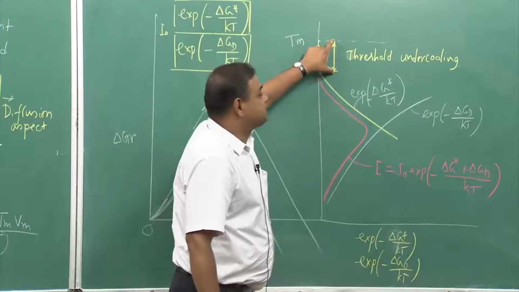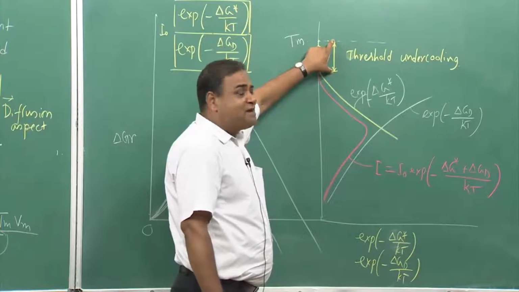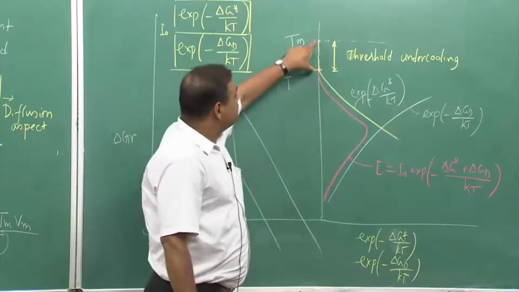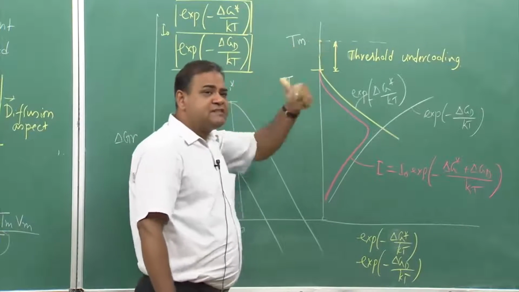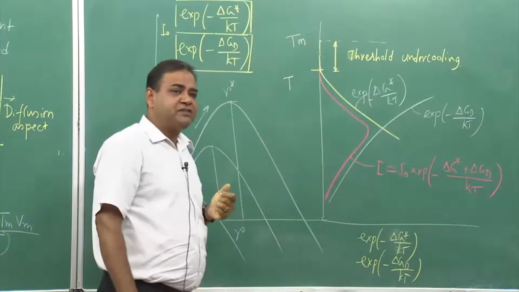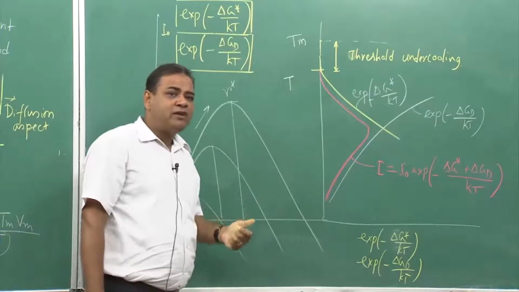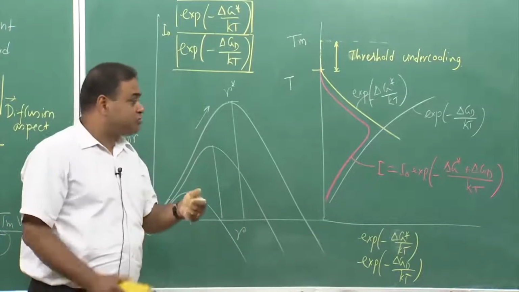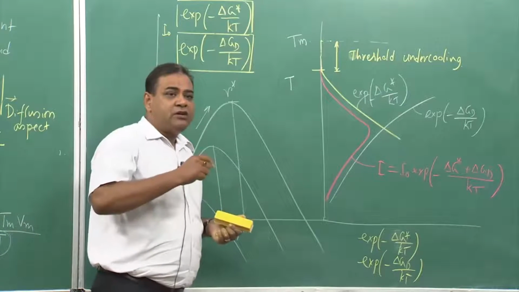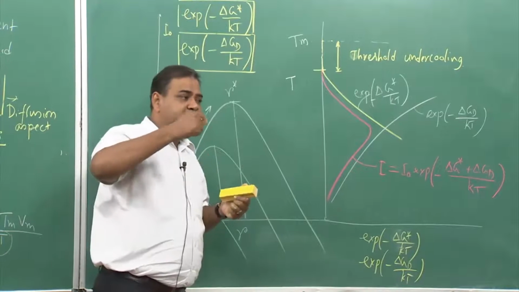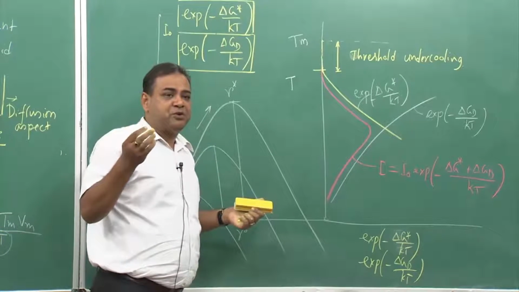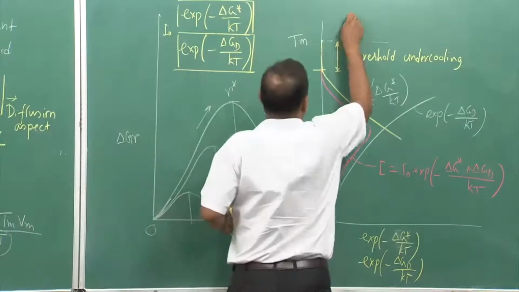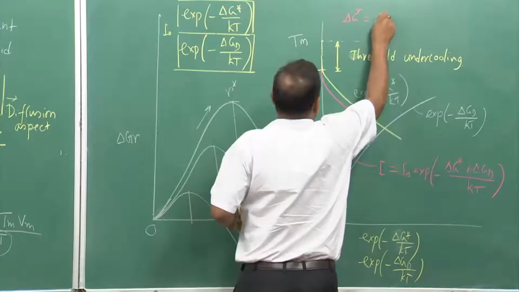Now, before we go and do some calculations, let us see the practical existence of this threshold undercooling. What does it mean, this threshold undercooling? It means that until we go to a certain temperature range, down in temperature, we cannot get rid of this surface energy. Rather, we would say that we cannot supersede or exceed that surface energy contribution and make this delta G R term negative.